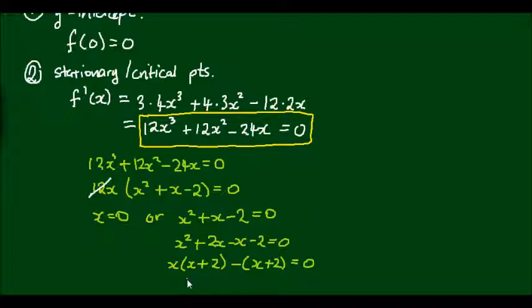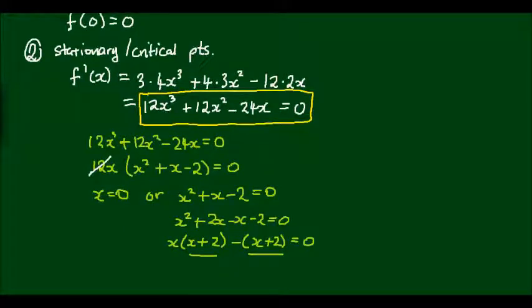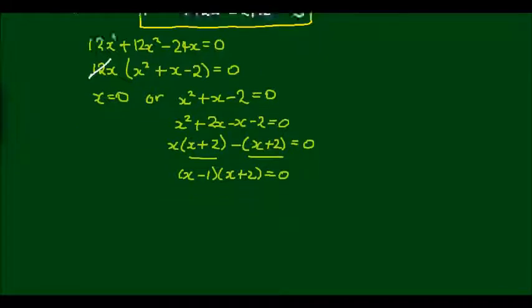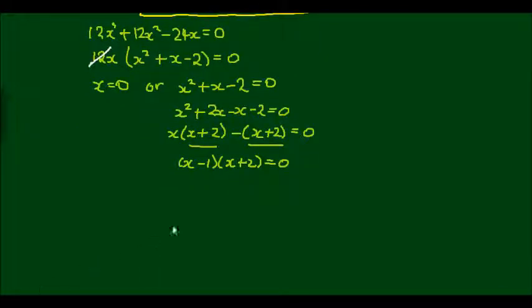A common factor between these two is this x plus 2, so I'm going to factor that out. That will leave me with x minus 1, x plus 2 is equal to 0. Again, for this expression to hold true, either x minus 1 is equal to 0 or x plus 2 is equal to 0.